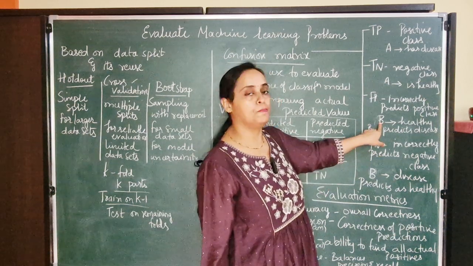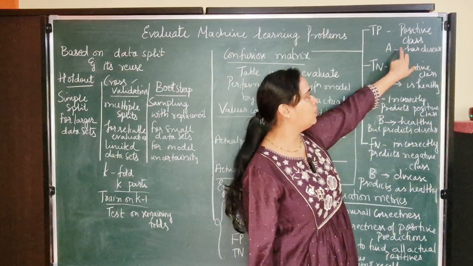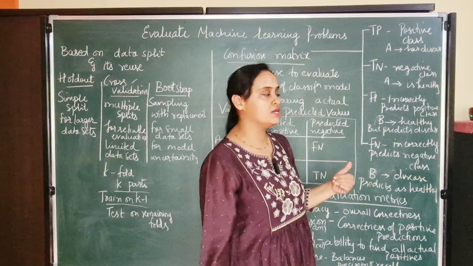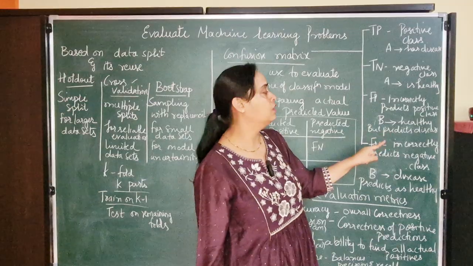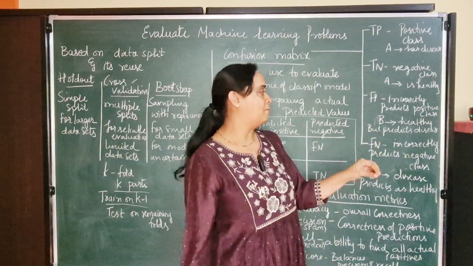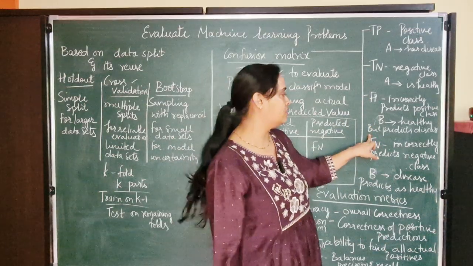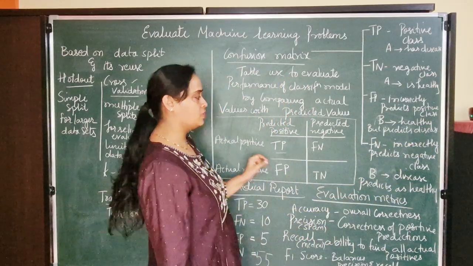But for such a person, it gives a wrong positive. Positive means whenever a person has the disease, he is predicted as the positive class. But in the case of false positive, it is a wrong prediction. Person B is healthy, but the false positive is predicting that disease. So this is known as false positive.